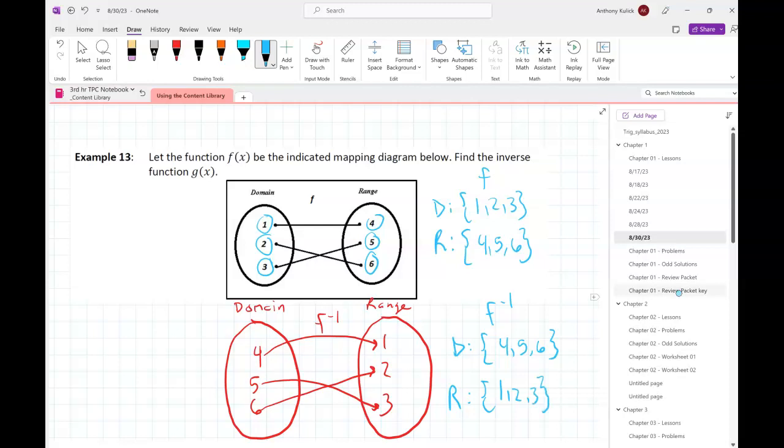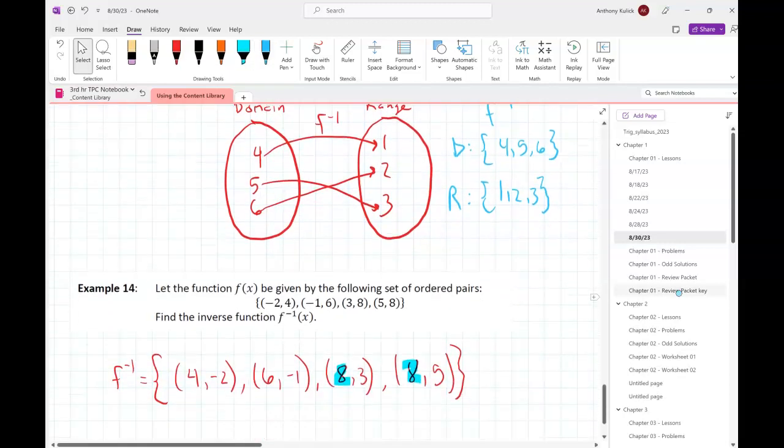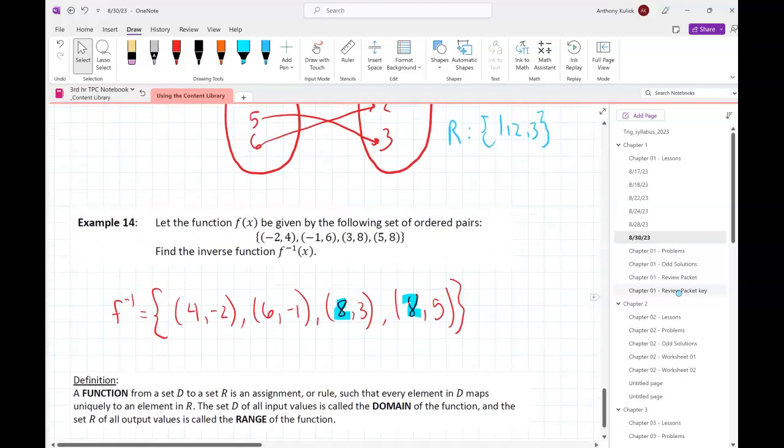What do we notice there, the relationship between f and f inverse and their domains and ranges? That the domain of f is the range of f inverse, and the range of f is the domain of f inverse. Everybody see that? Let's check down here if that still holds.